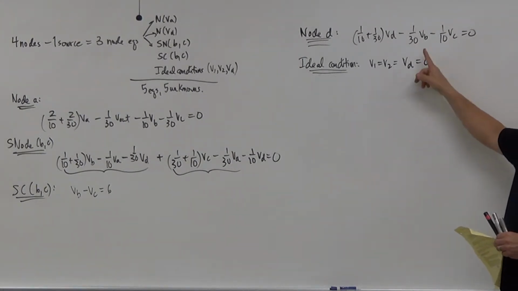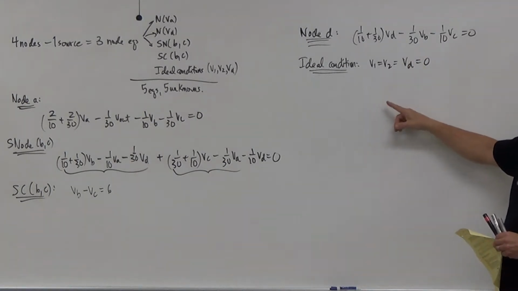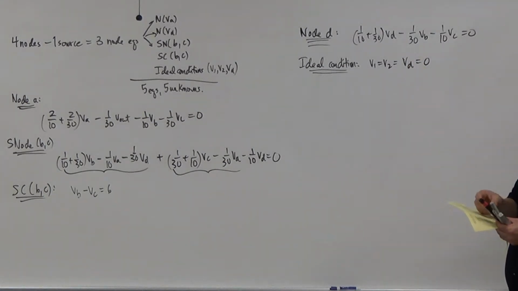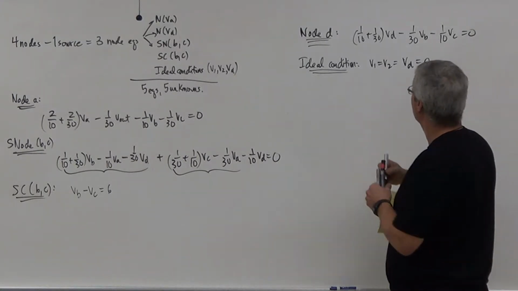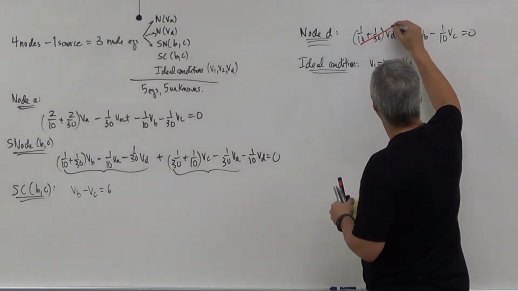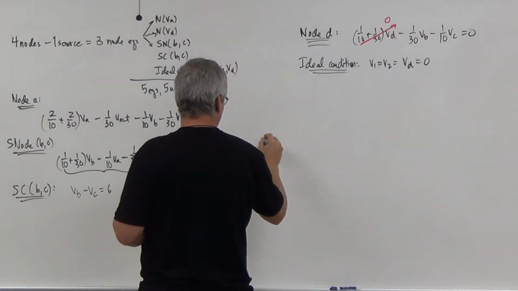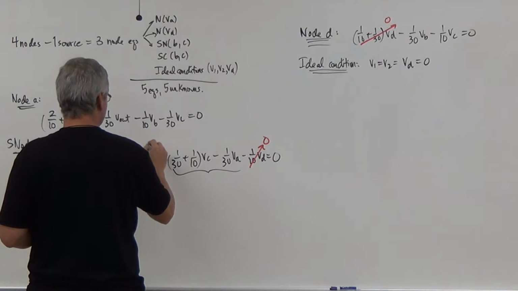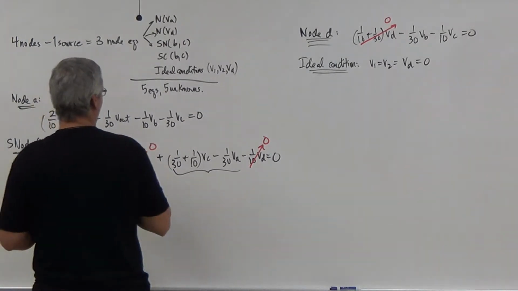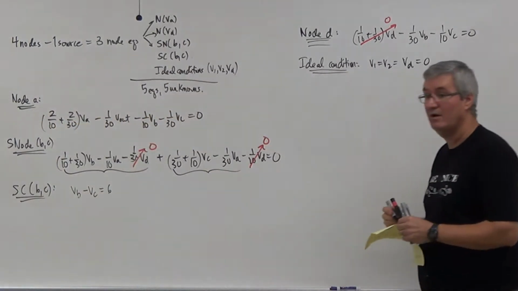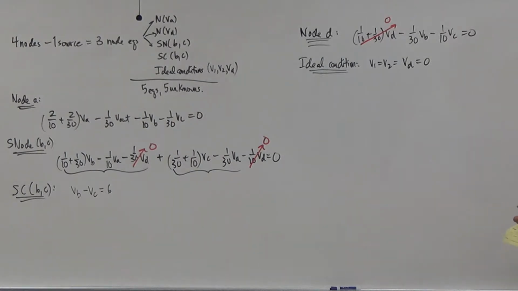Now you could just put this into your calculator as that being one of the elements here, but let's check it out. Look what happens. Look, this term is out. That's 0. This term is out. This term is out. And that's that. So now, I matrix this guy up. Okay?